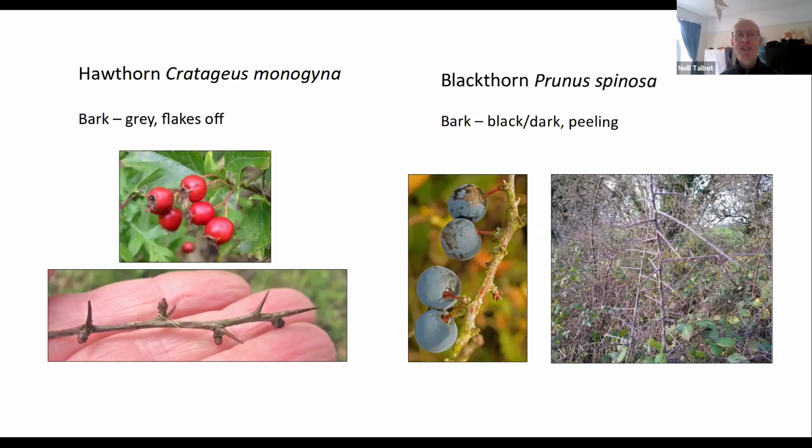So yeah, the next thing to look at is the fruits. The difference between hawthorn and blackthorn is you've got haws or haw-berries on the hawthorn, which are these little red berries, and the blackthorn you've got sloes. These are bluish purple, very good for making sloe gin with, but the hawthorn's good for making hawthorn brandy as well.